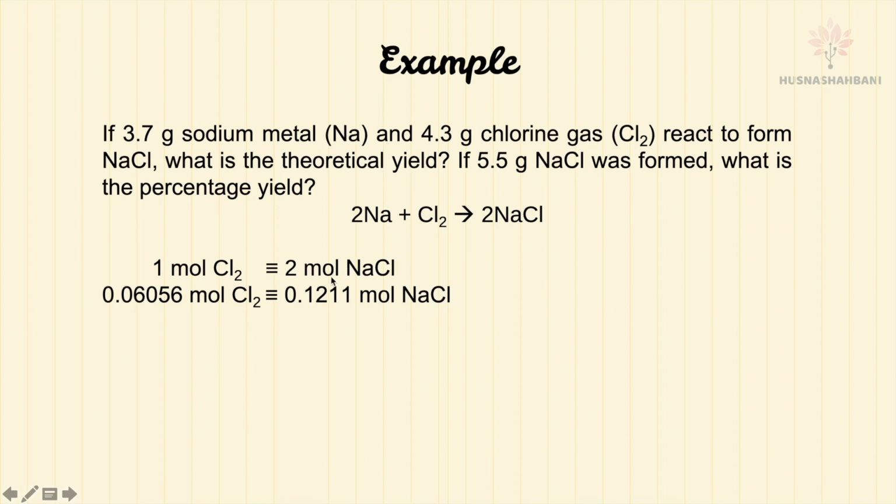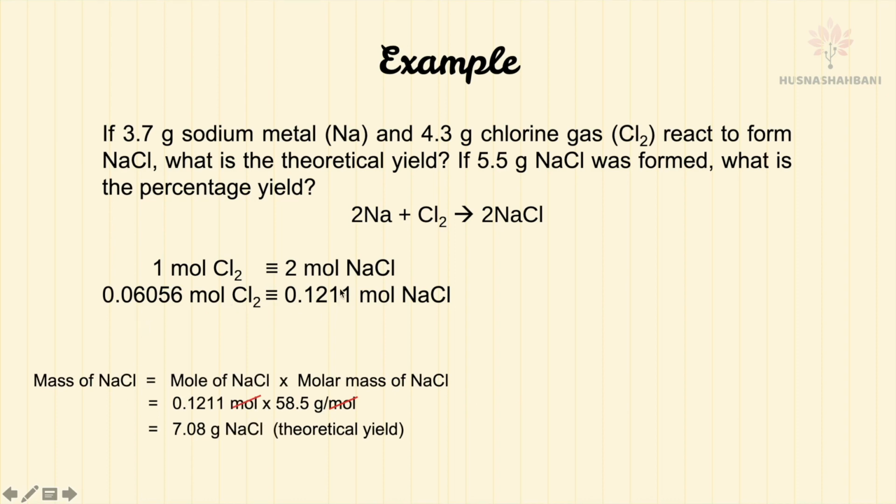Mass in theory means the mass that we got from the chemical equation, where we compare the number of moles of each substance. So use the number of moles of sodium chloride times the molar mass of sodium chloride. The answer is 7.08 gram of sodium chloride. This is the theoretical yield.